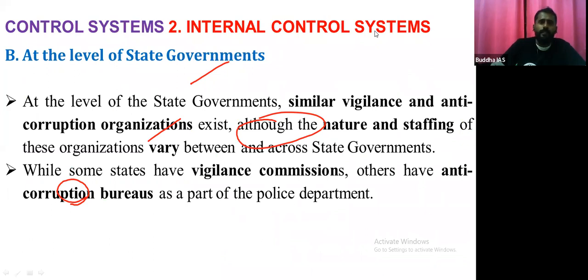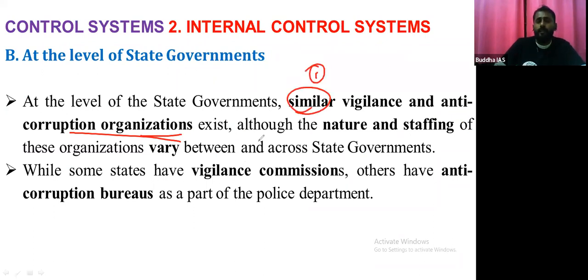Then coming to the states. With respect to state, at the state level, similar vigilance and anti-corruption organizations exist. Similar means similar to the center. Although the nature and staffing of this organization vary between and across the states.